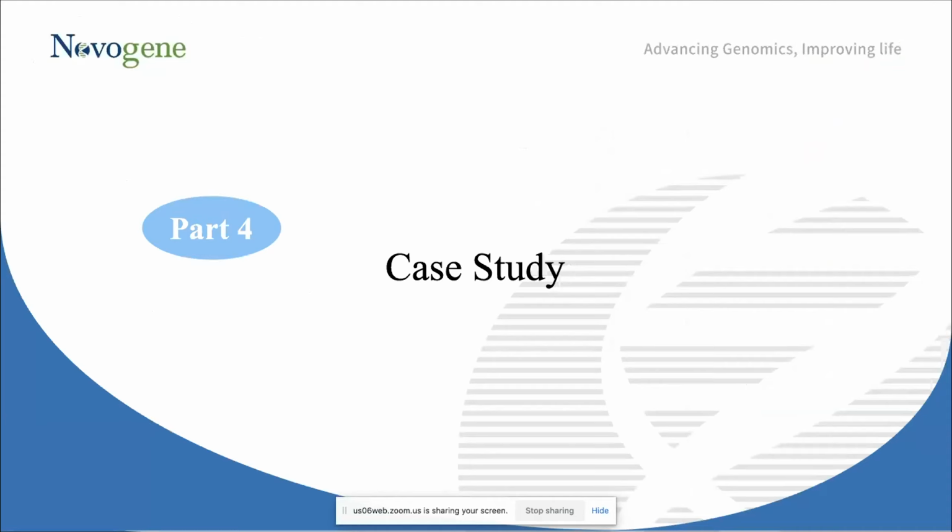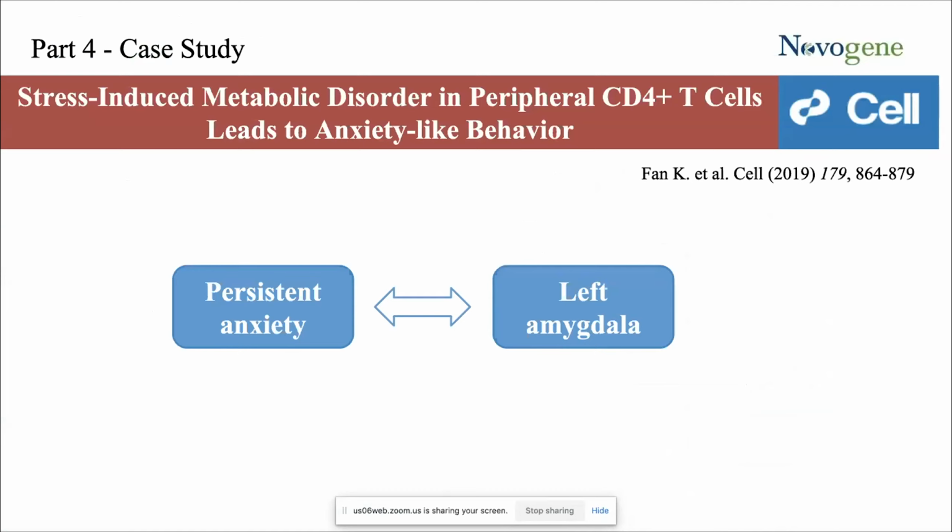The last part of my presentation is a case study that showcases how this technique can dissect complex biological systems. In this Cell paper published in 2019, the authors attempted to explain how stress induces anxiety on the molecular level.